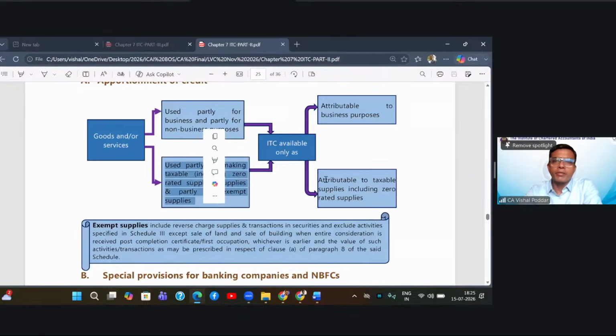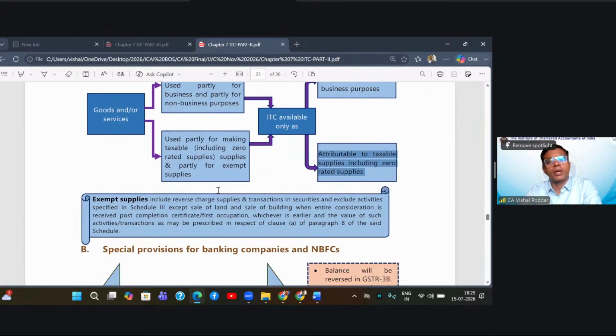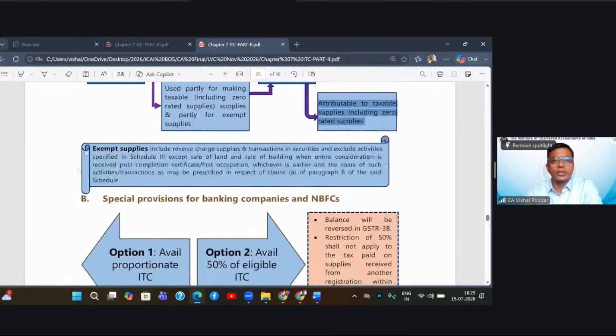Whatever inward supply is attributable to your taxable outward supply is proportionately eligible, and the proportionate part which is applicable to exempt supplies has to be reversed. Now, for the purpose of this particular proportionate reversal, what does exempt supply mean?